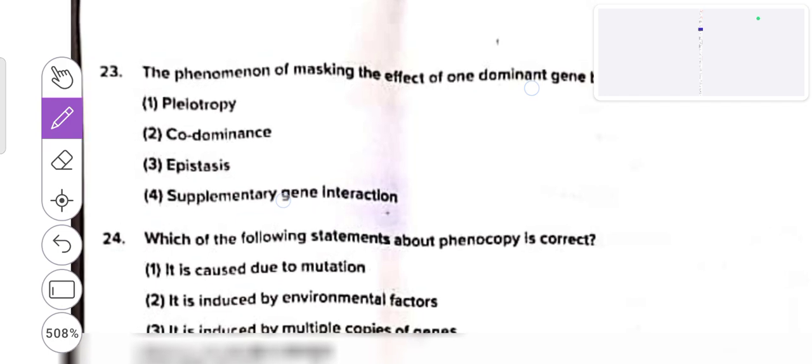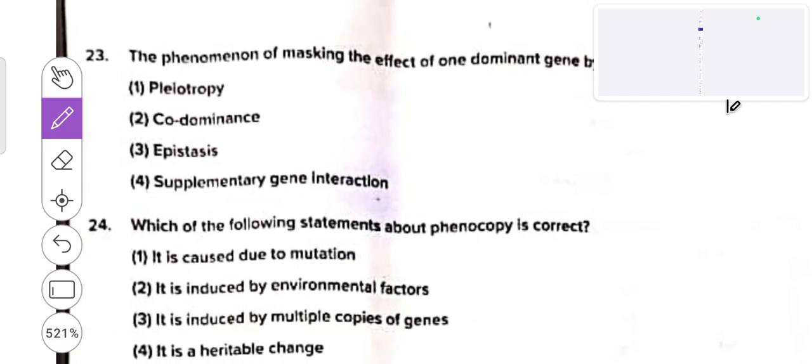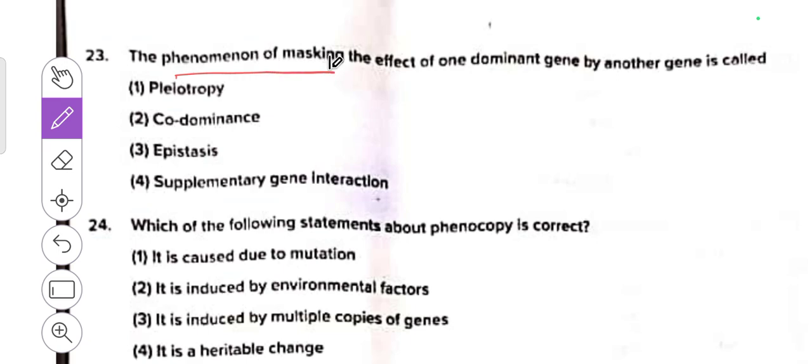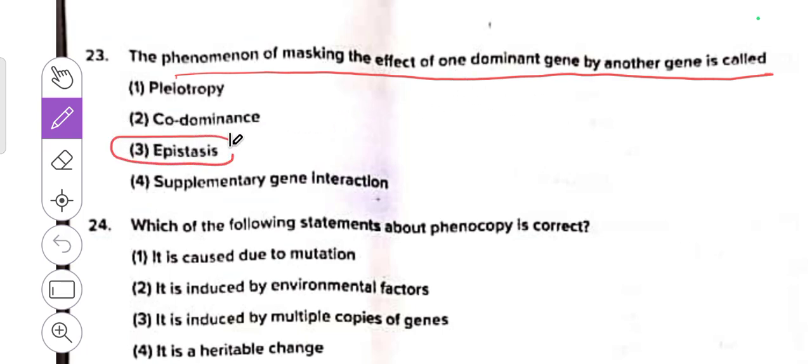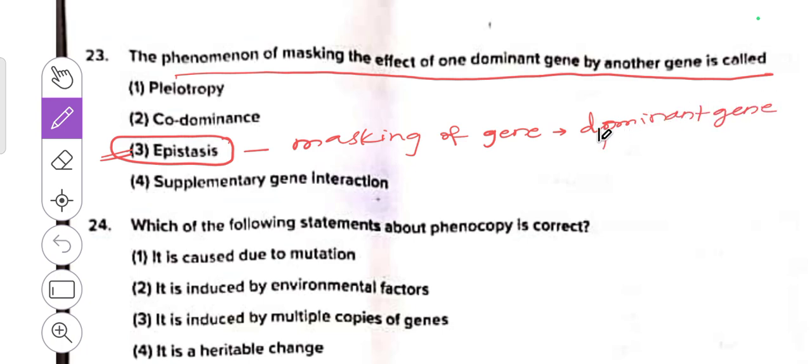Next question, 23rd. The phenomenon of masking the effect of one dominant gene by another gene is called epistasis, where masking of a gene takes place and a dominant gene will mask a recessive or another gene.